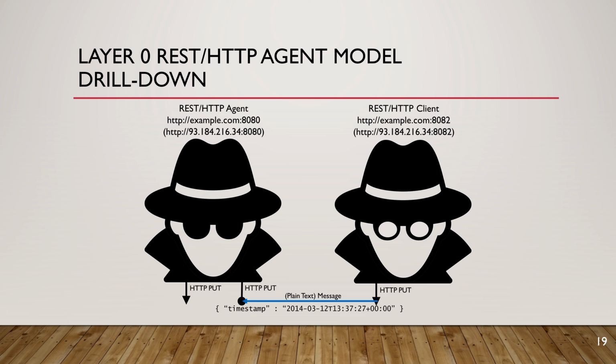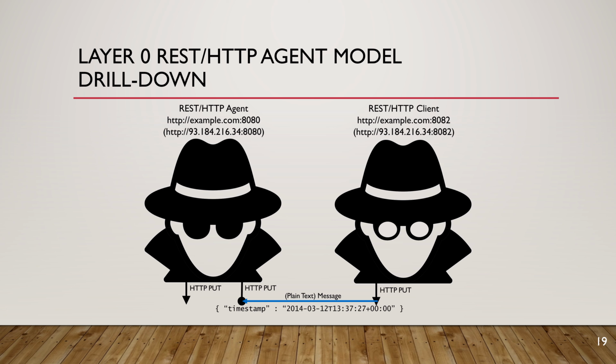So here we see the DIDComm notation representations for an agent on the left and a client on the right. The agent on the left has two interfaces. The client only has one. The arrow interface, if you will, on the client, that's called the origin in DIDComm notation.